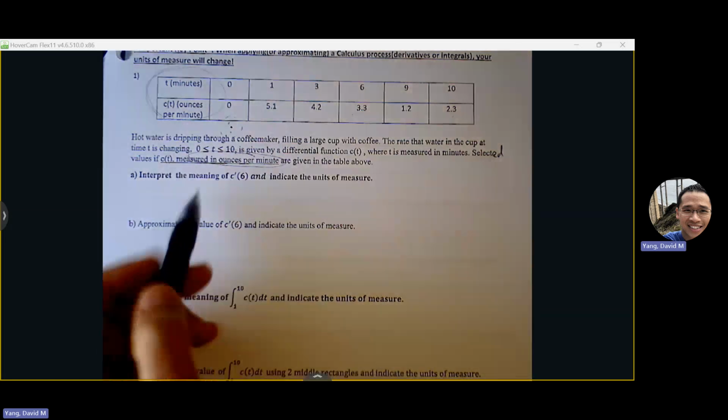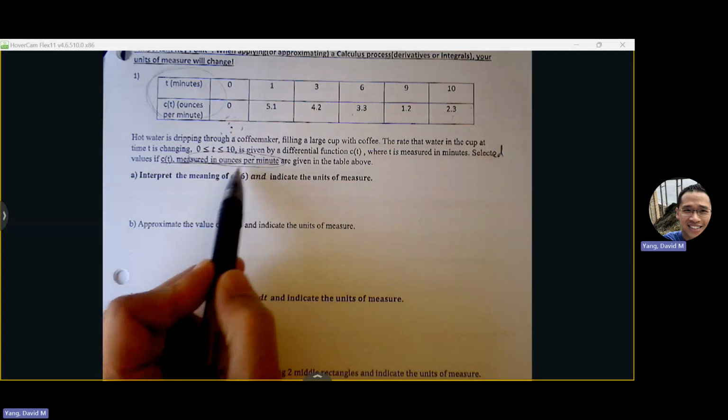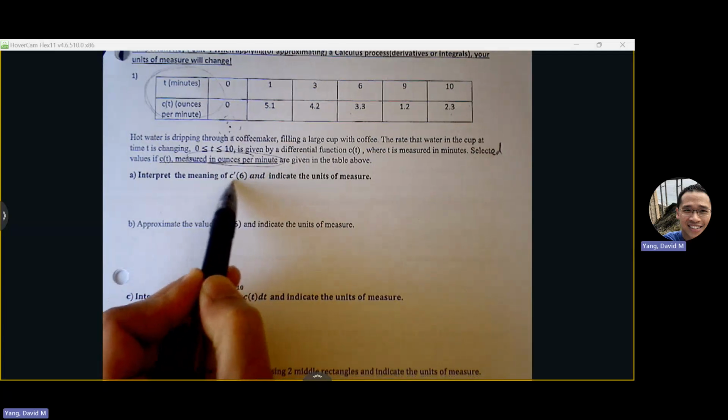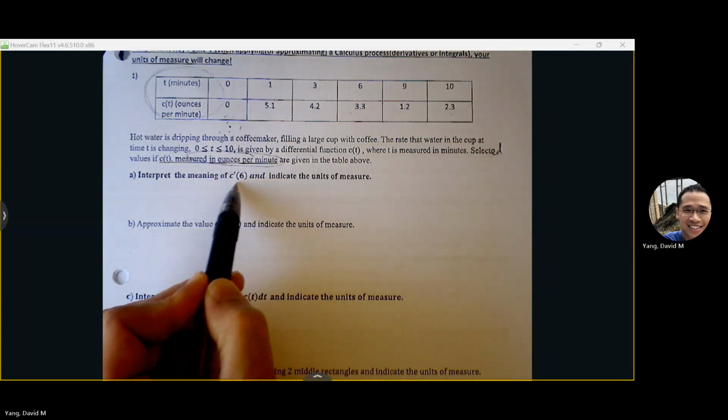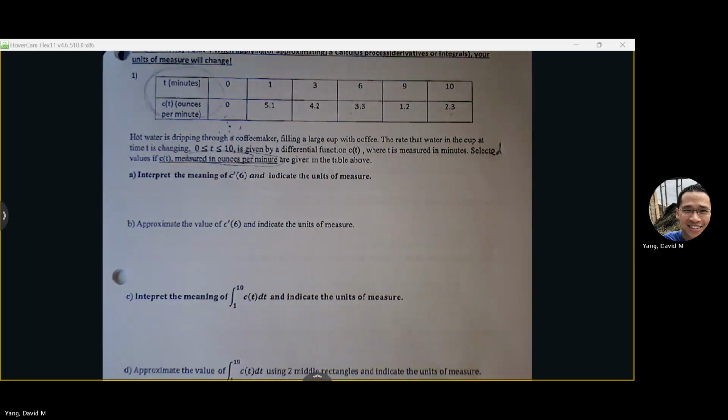So if C of t is measured in ounces per minute, then C prime is going to turn into what? Yeah, ounces per minute squared.